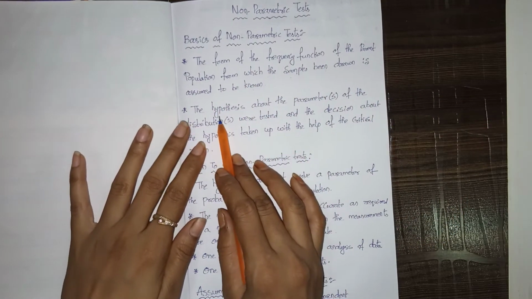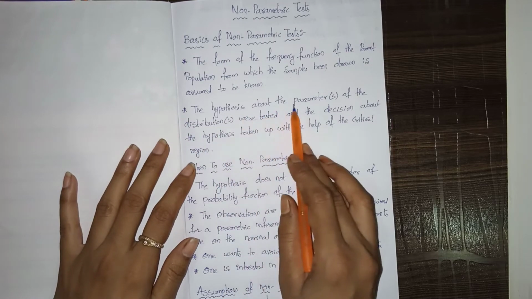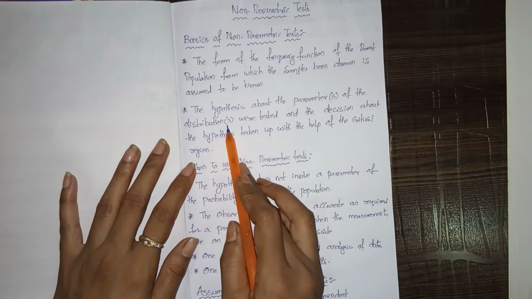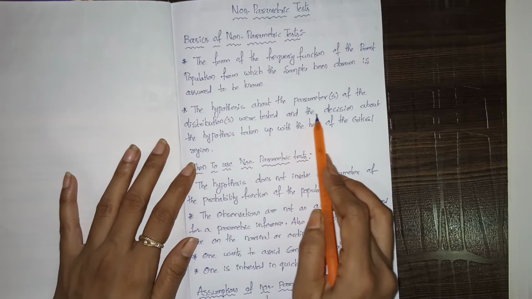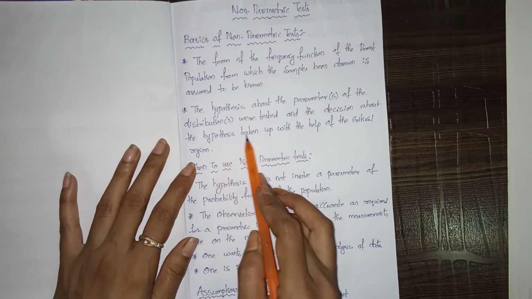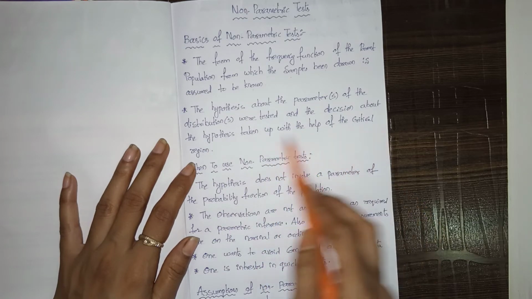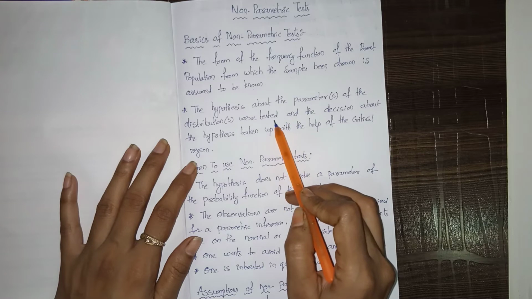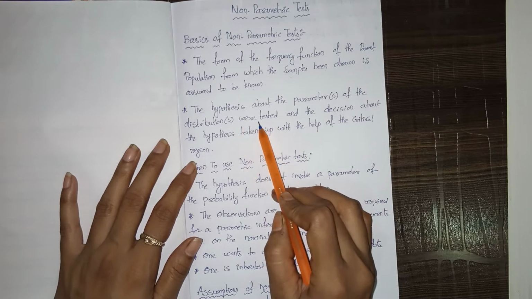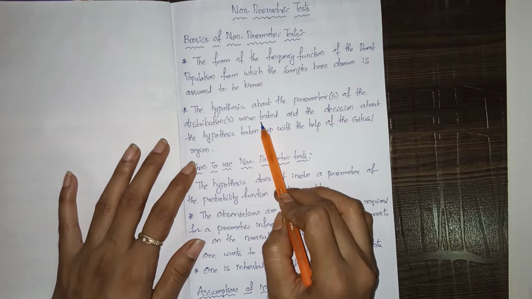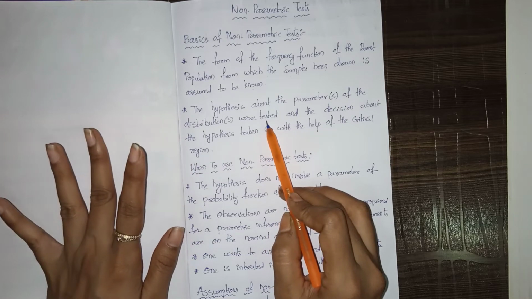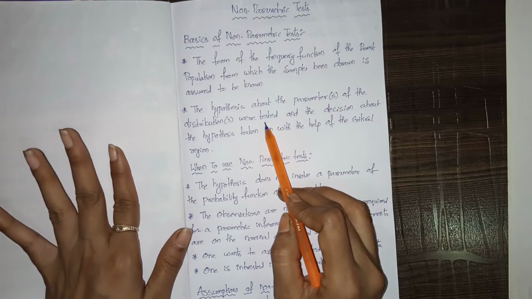And the next is that the hypothesis about the parameter or parameters of the distribution or distributions is tested, and the decision about the hypothesis is taken with the help of the critical region. Here we test the hypothesis. How to test the hypothesis, you all know. We have to know the null hypothesis, the alternative hypothesis, and the test statistic.